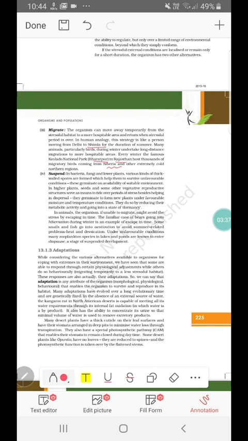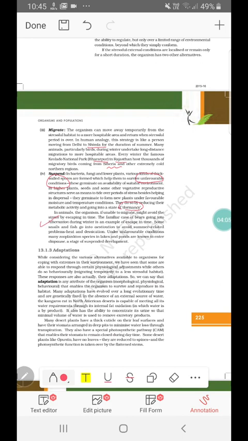Next is suspend. Suspend means that again they cannot survive in unfavorable conditions, so they will become suspended. The growth can become suspended. For example, certain bacteria, fungi, plants, they produce spores or they become dormant. All right. So a familiar case we can see is hibernation, in which in winters they escape, the polar bears, some bears.